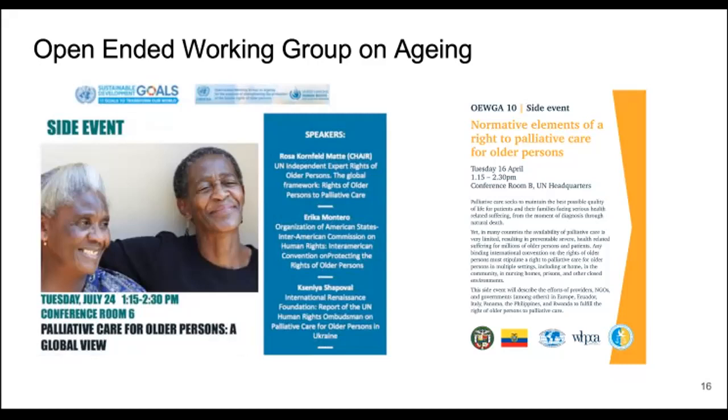And we also hold a side event, usually every year, relating to some aspect of palliative care for older persons. Last year, of course, it was palliative care for older persons during COVID, and we had speakers join from all over the world. This year, we expect to co-host a side event with the Humane Prison Hospice Project.